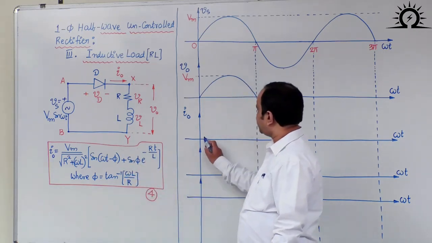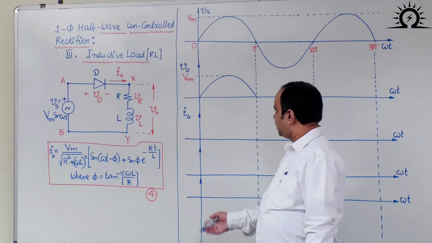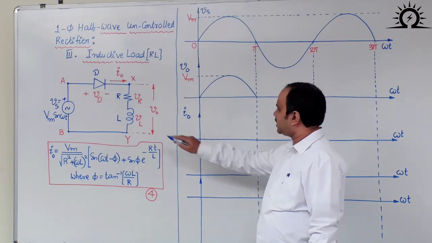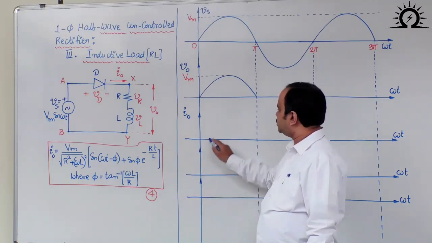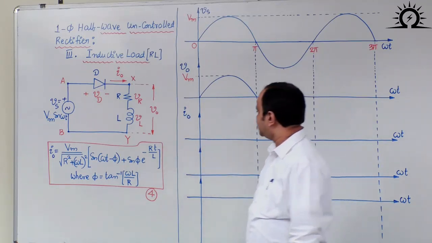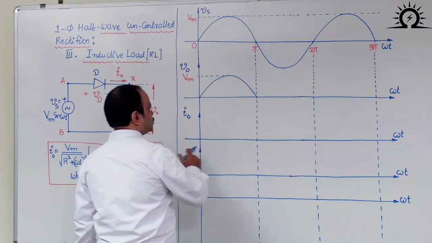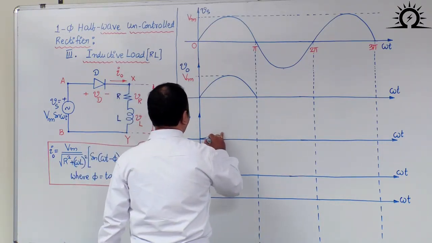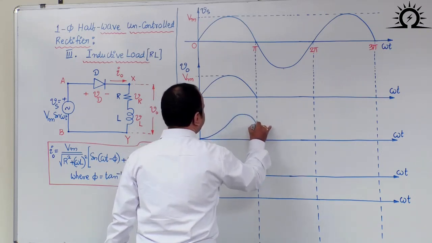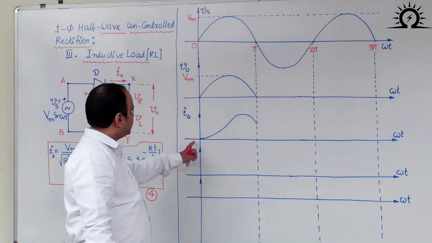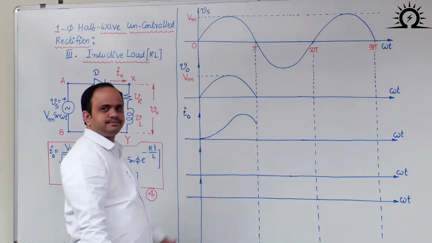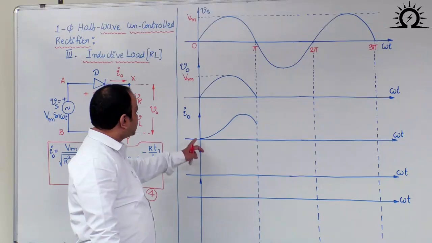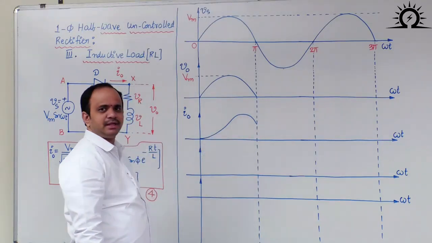Take that number here. Similarly, take another angle of omega t, substitute, and find out the value. If you join all of these points, the combination of sinusoidal and exponentially decaying component waveform will look like this.